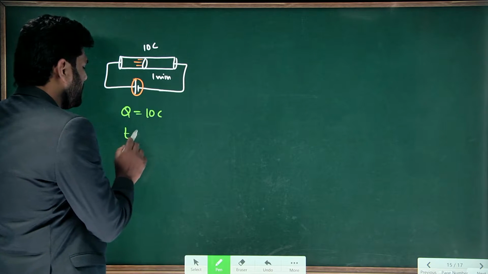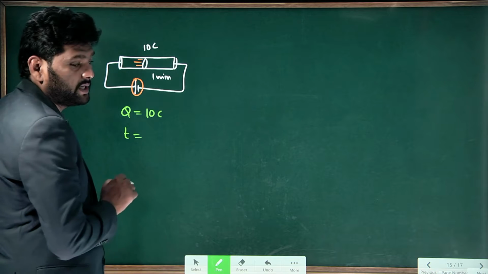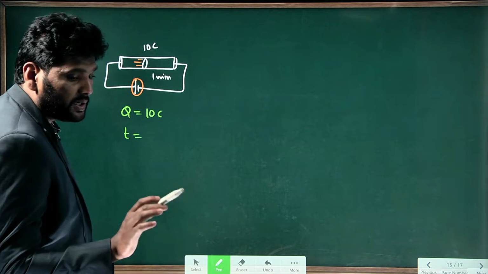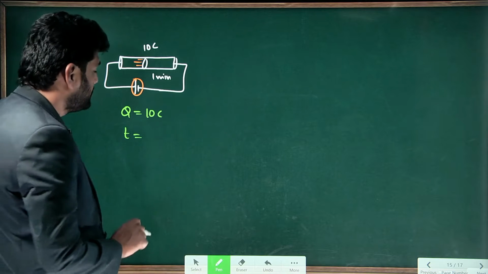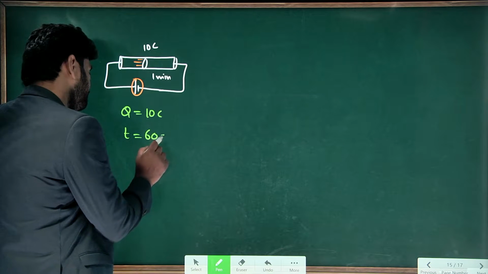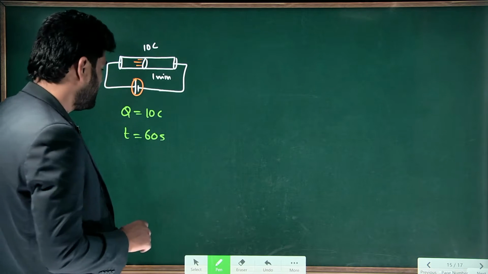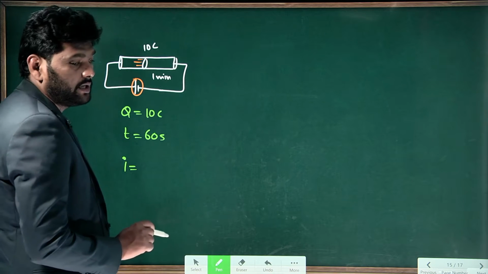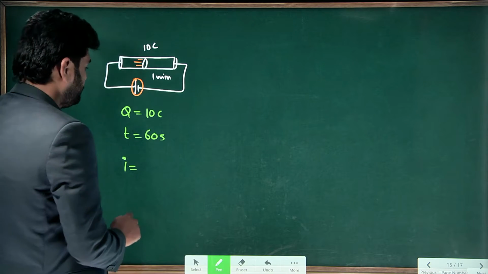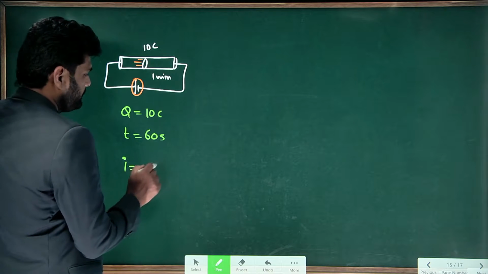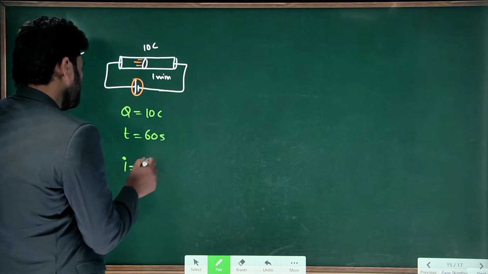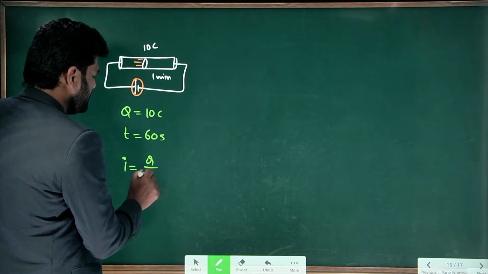And next, the time taken for traveling this 10 coulomb is 1 minute. 1 minute is equal to how many seconds here? 60 seconds. Understand? 60 seconds. Now the current formula is, tell me the current formula. Current is the net charge flow per unit time.